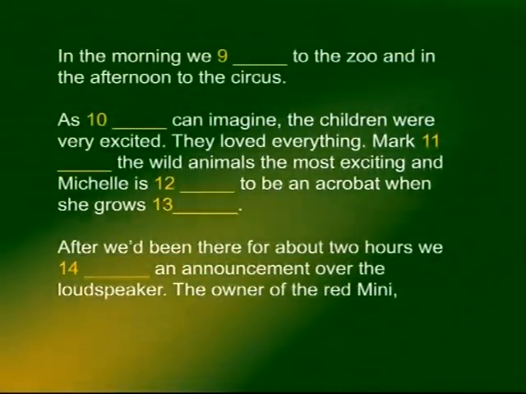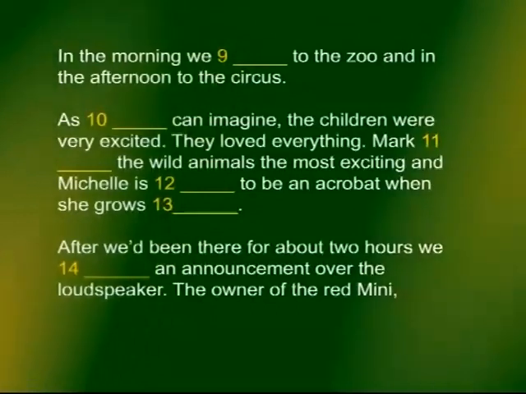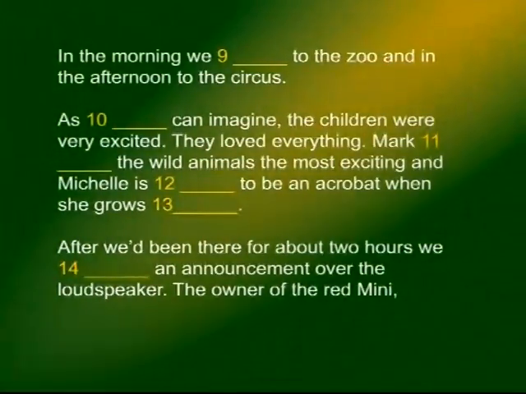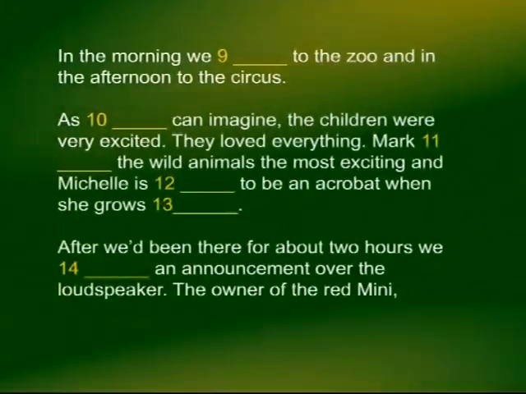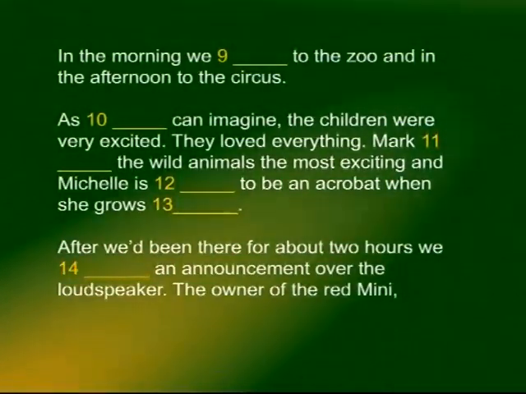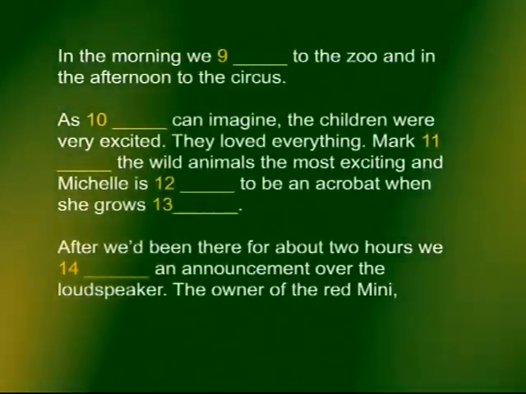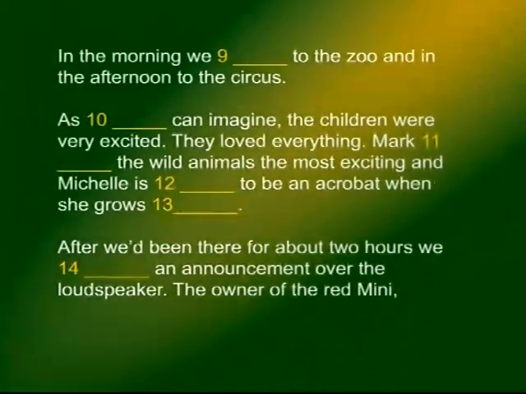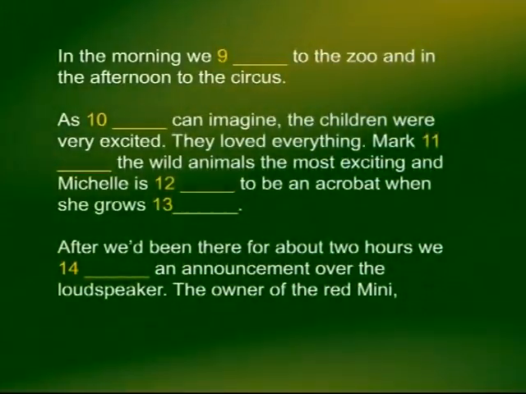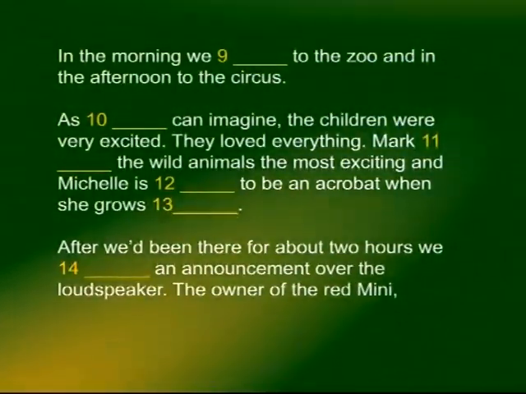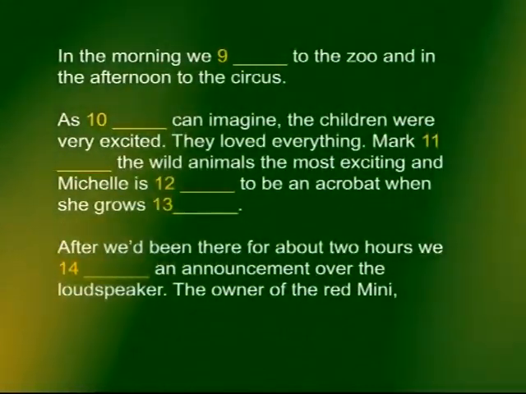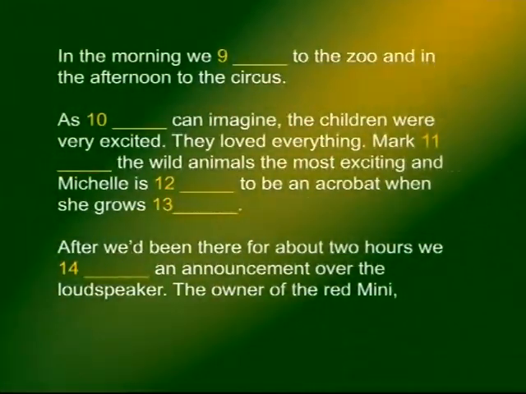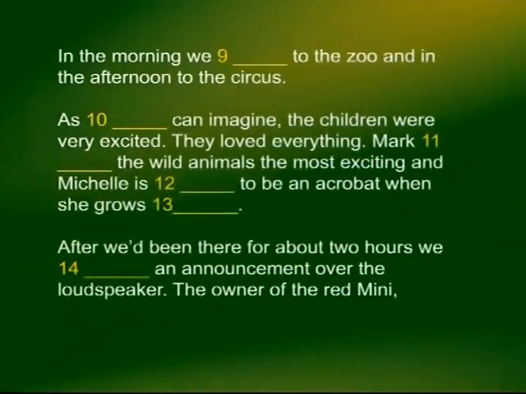The children are so excited going to the circus that the girl wants to be an acrobat when she grows up. So you will have the words found and going. Gap number 12 will be filled with the word going. So Michelle is going to be an acrobat when she grows up.